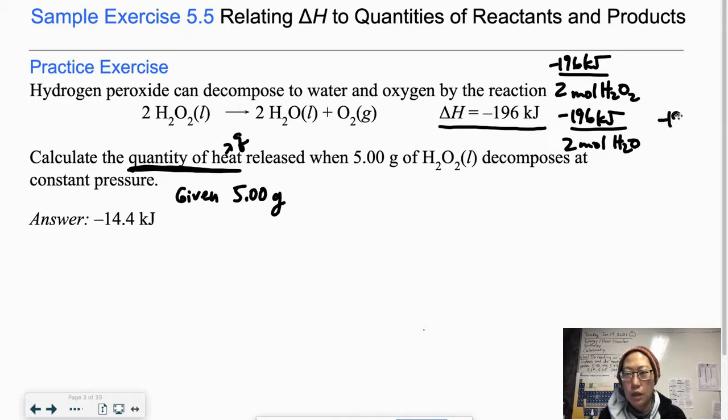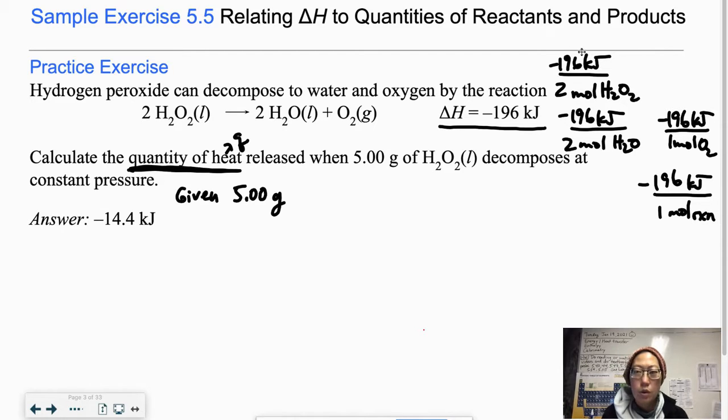It could also mean 196 kilojoules per 1 mole O2, and it could mean 196 kilojoules for 1 mole of reaction. So it could mean all of these things, and we've got to figure out what we need to use based on the question that's being asked. So we're given 5 grams of H2O2, and we want to find heat, okay? And basically, that's going to be our kilojoules.